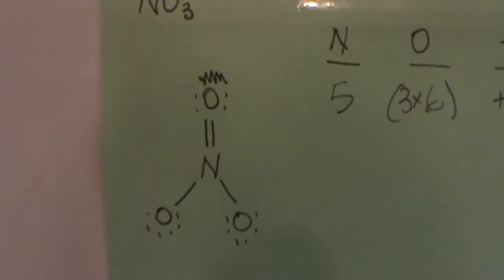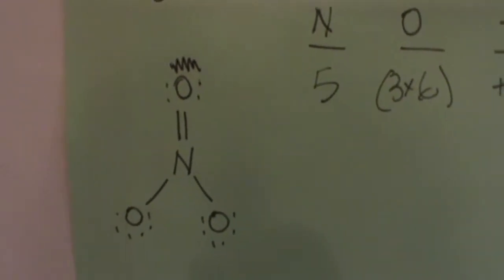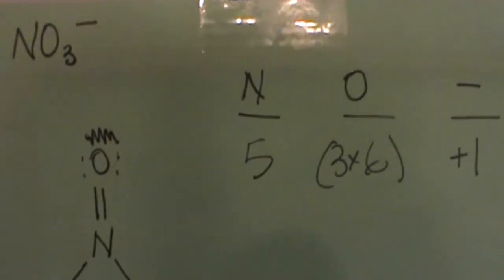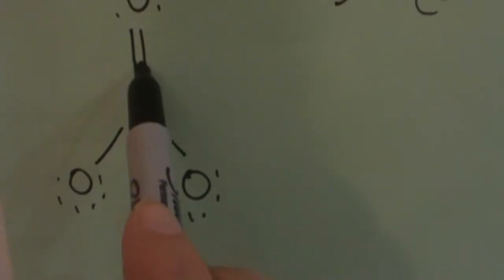We can check that by checking the formal charge on each atom to make sure that this is a good structure. For nitrogen, it had 5 to start with, and it now has 1, 2, 3, 4, because each bond counts as one electron. So 5 minus 4 means that we have a charge of +1 on our nitrogen.